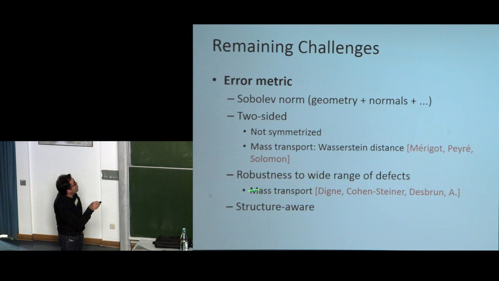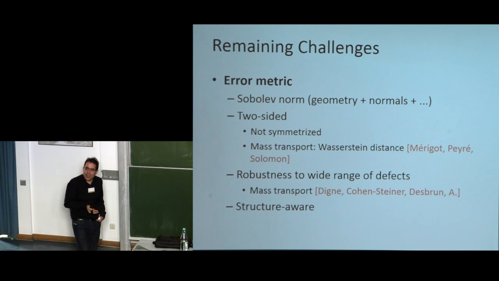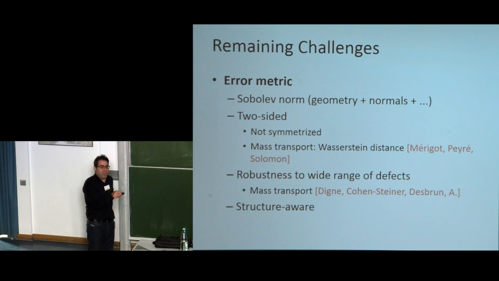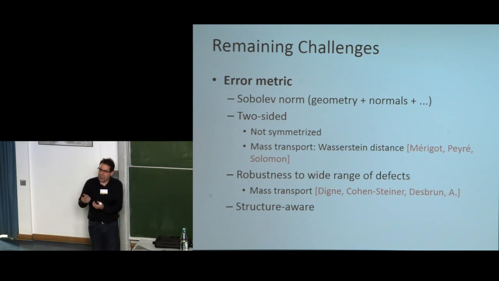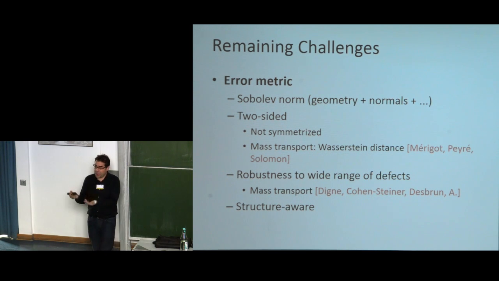Another thing is structure awareness. I mentioned to you before an approach in which we have incorporated some of the structure, based on planar detection, but it's still an open problem to devise a metric that would also incorporate the notion of structure. Because structures can be potentially very rich: adjacency, geometric regularities, coplanarity, orthogonality, things that I want to preserve.